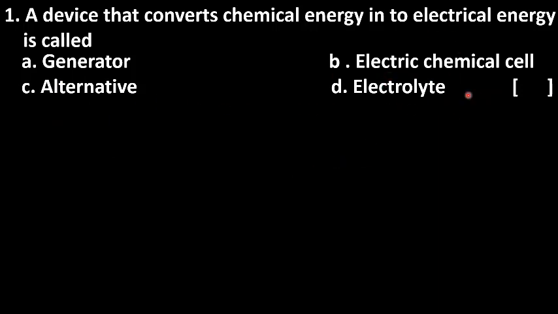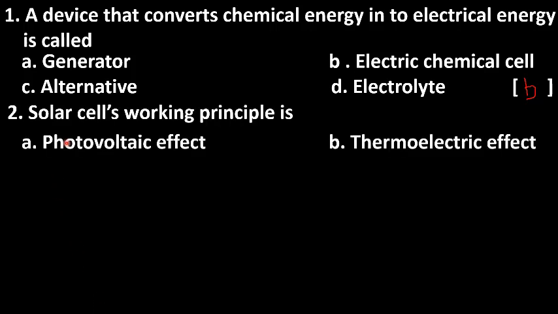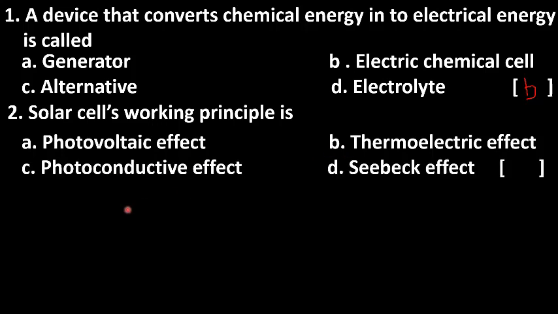The correct answer is B. So correct option is B. Next, solar cell working principle is photovoltaic effect, thermoelectric effect, photoconductive effect, and Seebeck effect. The correct option is A, that is photovoltaic effect.